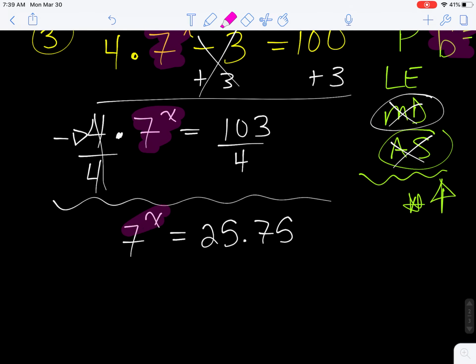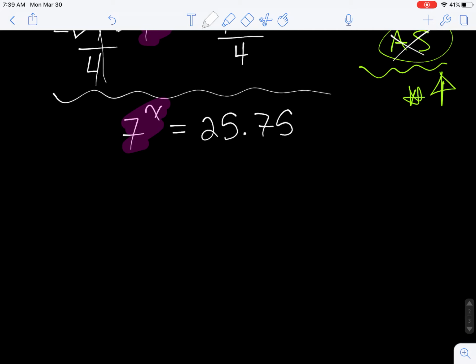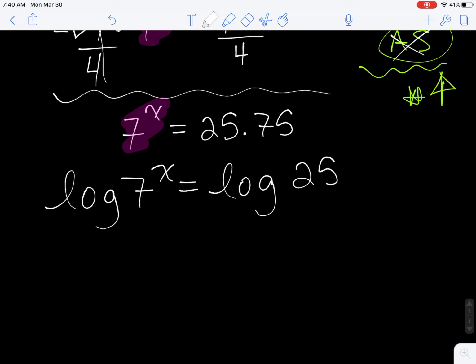Again, our goal is to get the exponential piece by itself. We have. Move up the ladder. What is the opposite of exponentiating? It's logging. I'm going to log both sides. So log 7 to the x equals log of 25.75.